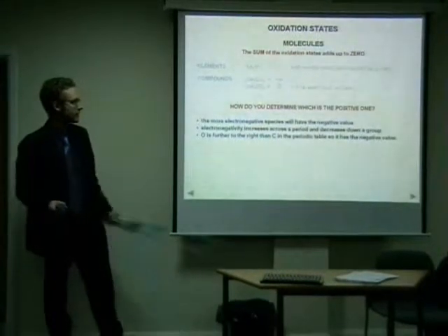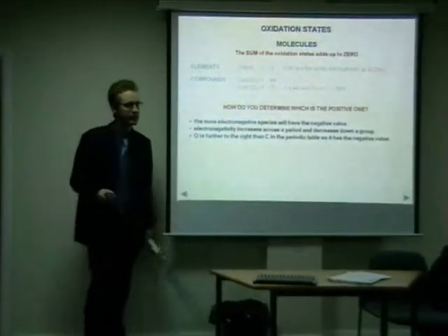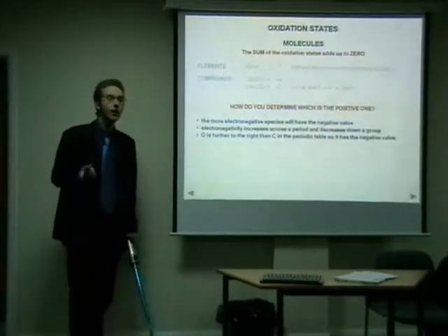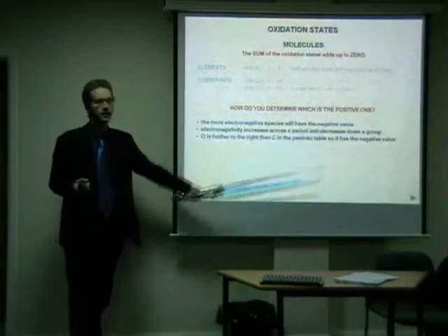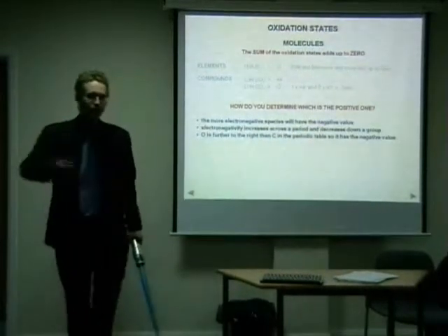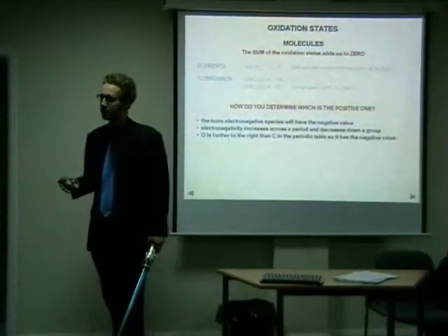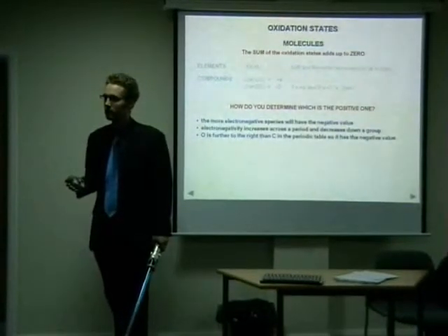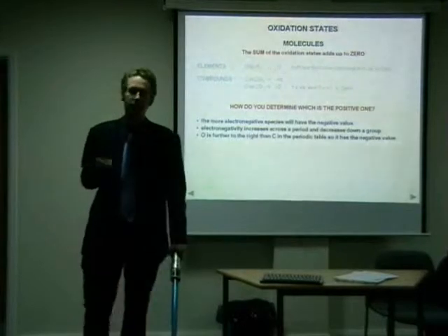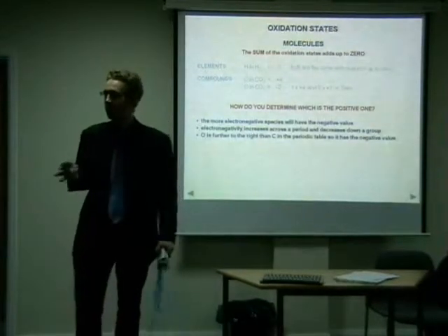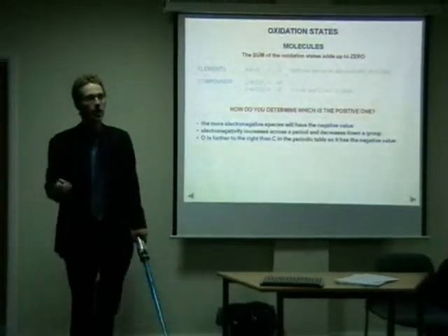Right. This is where it starts to get a little bit tricky. By definition, we say the more electronegative species will have the negative value. In almost every example you're likely to be asked, oxygen's going to be negative. But there are some elements where it could be both positive or negative, depending on what it's combined with. Chlorine's a good example.